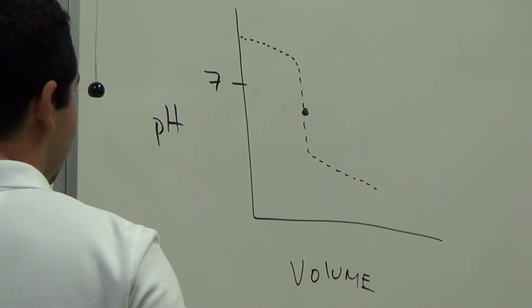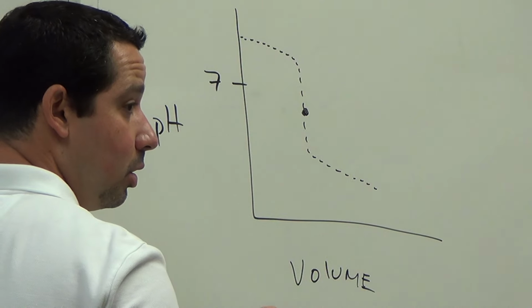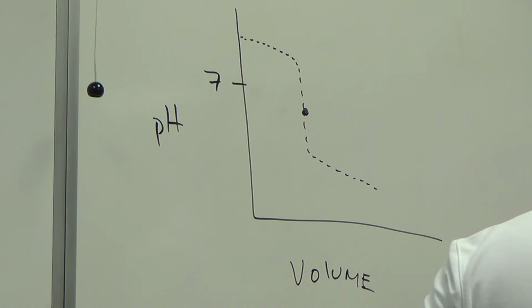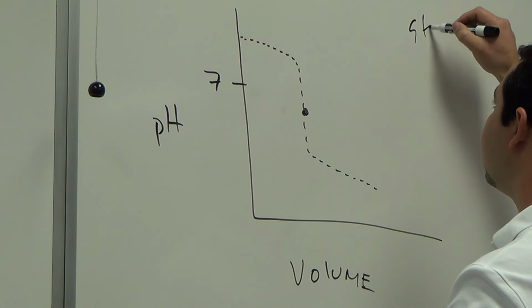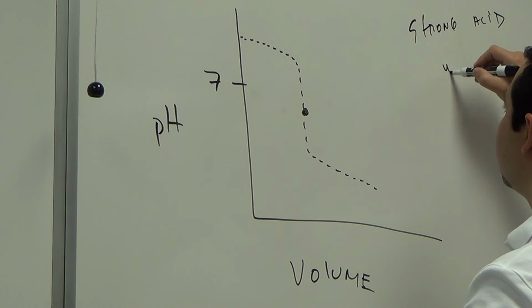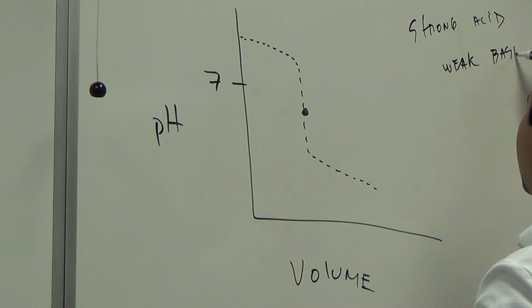Strong acid, weak base. So what is this a titration of? Strong acid, weak base? Yes. Okay, you say this is a strong acid, weak base titration. Is that what you say? Okay.